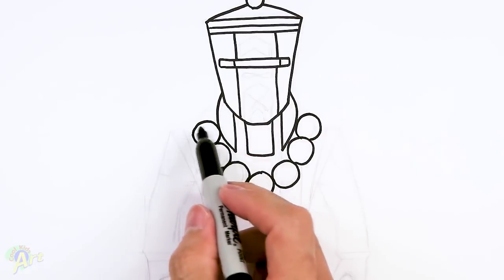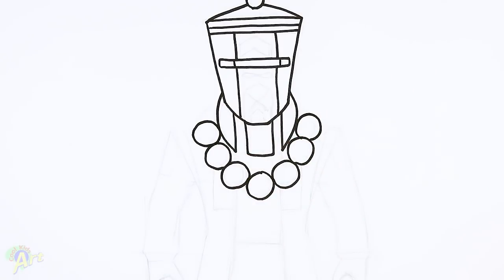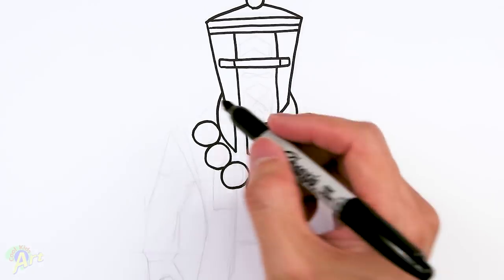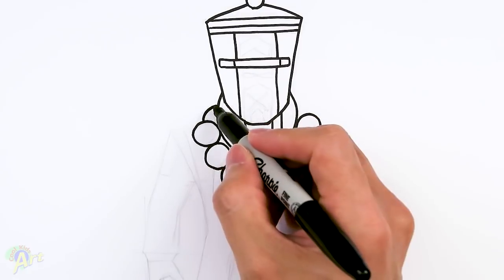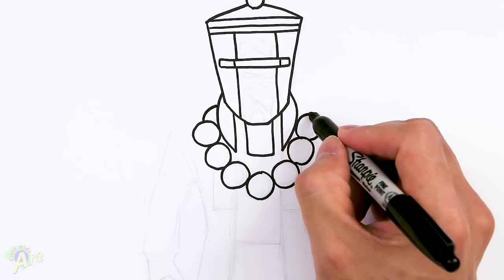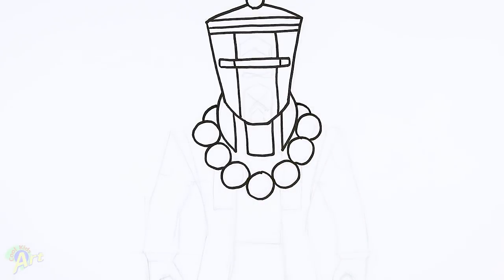You should reach around the shoulder area right here. And then the last one is going to go behind. So from here, just draw a little curve right behind the collar. Okay, yeah, it's a little bit weird.